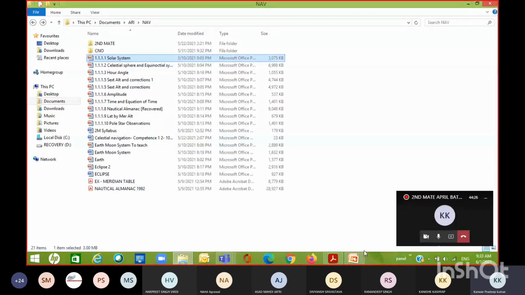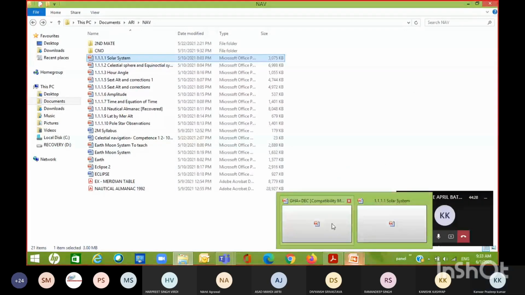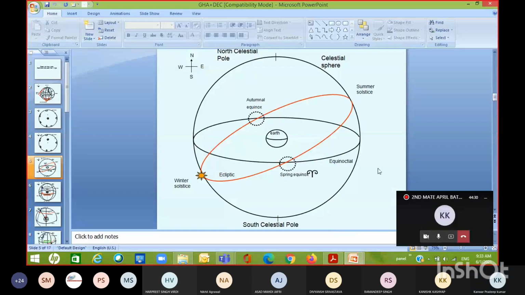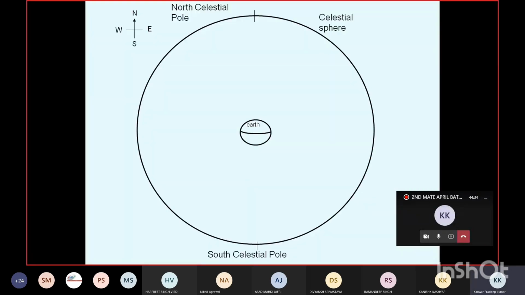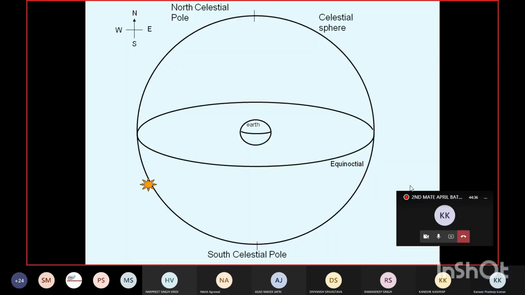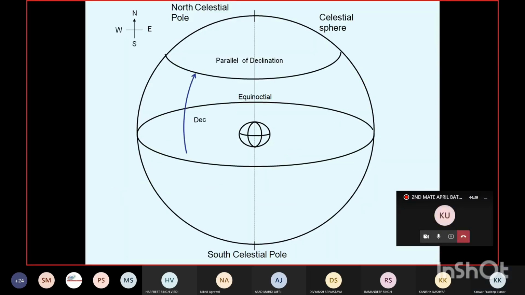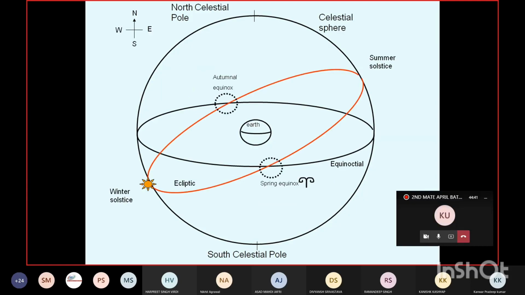Let's go back to our slide. So here the sun is at the winter solstice, southerly declination. For easy understanding, we keep the Earth upright over here.